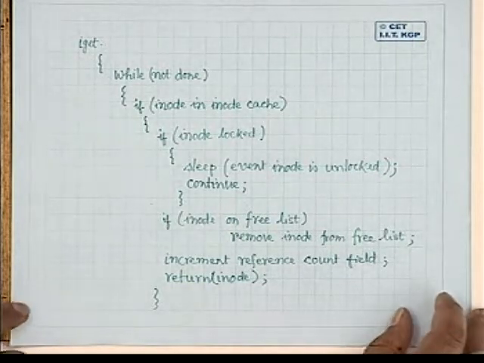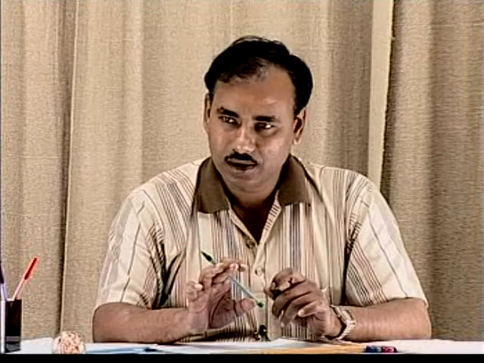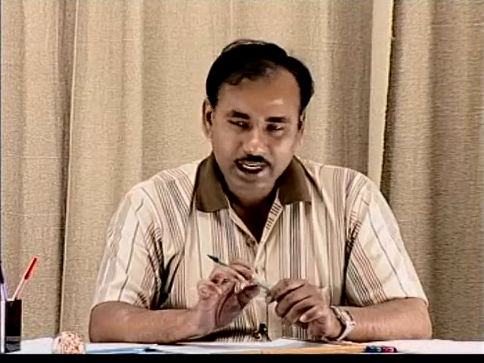The next case is if the inode is not found in the inode cache. In that case, I have to look for a free inode which will be used for loading the disk copy of the inode. Here again the algorithm differs from that in case of buffer cache management.